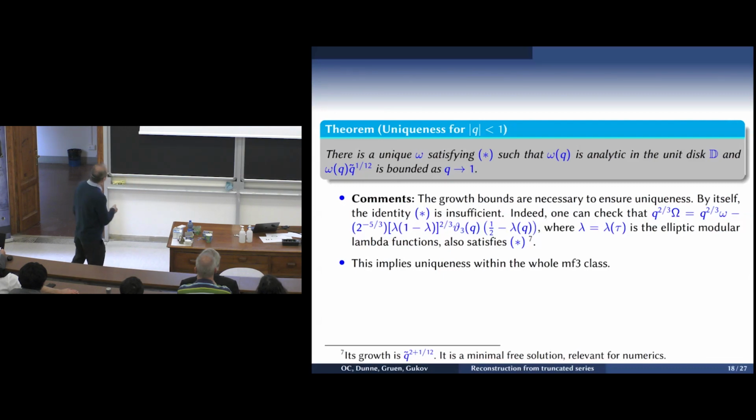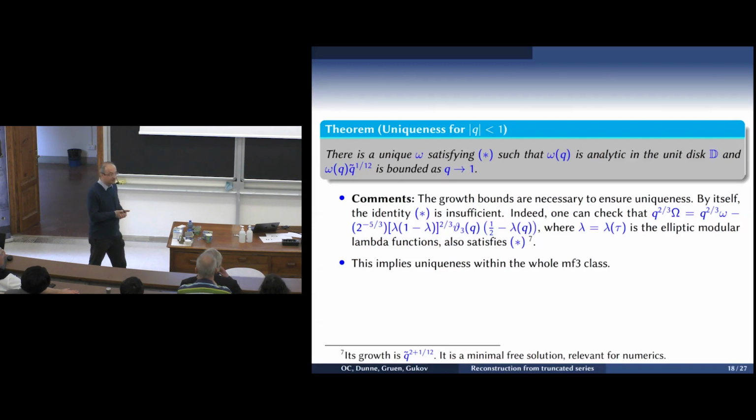And moreover, the way we analyze the problem to get this uniqueness, we identify the ultimate form of those identities. In fact, all those functions differ by some combination of the Hauptmodul of SL2(Z).